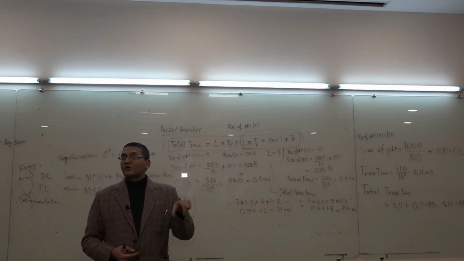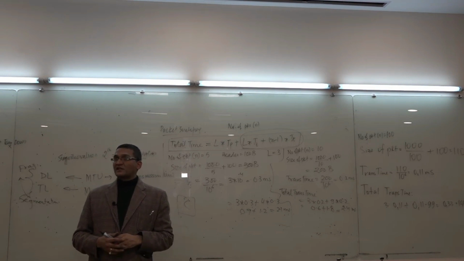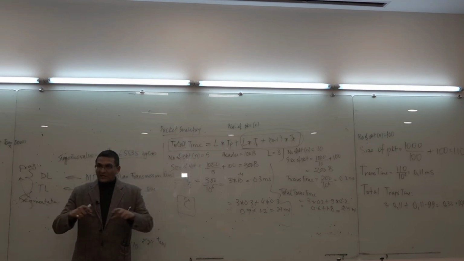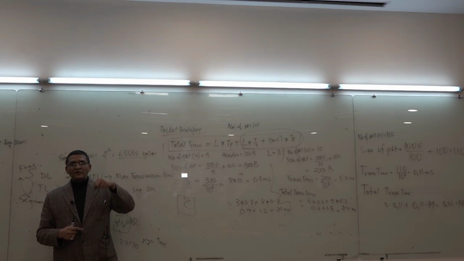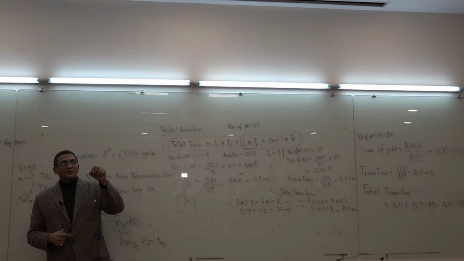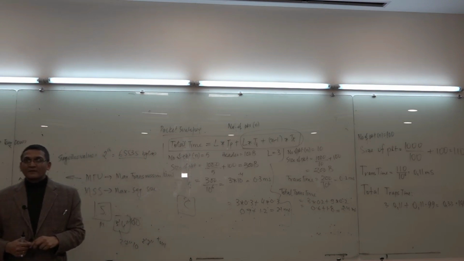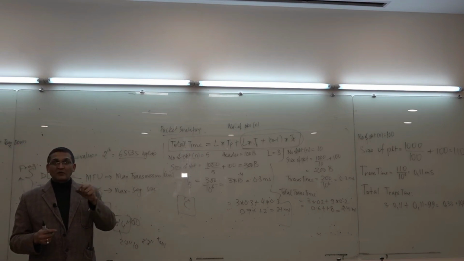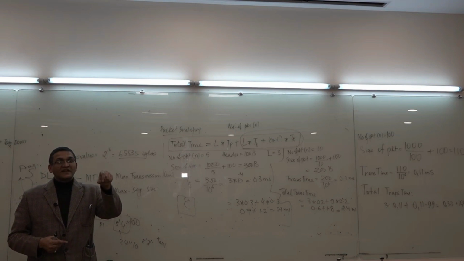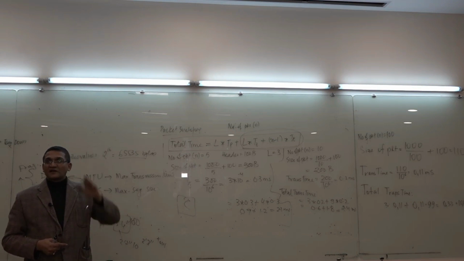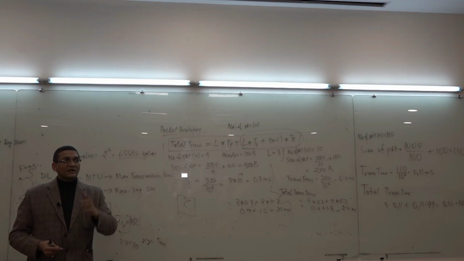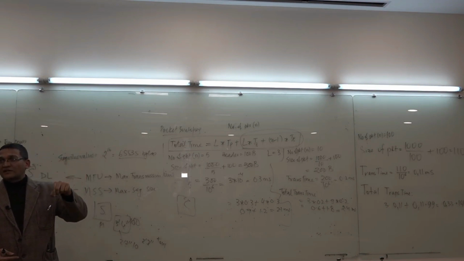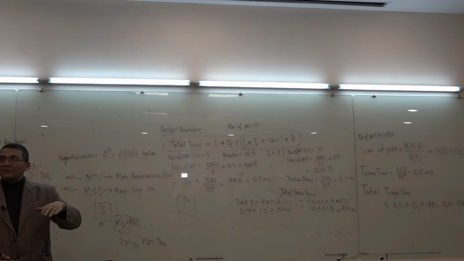We call it do not fragment. When we study the packet format, there is one bit that is set for fragment or do not fragment. If a packet of larger size comes to the router, the router will look at this bit. If it is set to 1, that means do not fragment, then the router says, okay, discard, I will not allow you to go. But if it is not set, then the router will fragment it into smaller sizes and then forward.